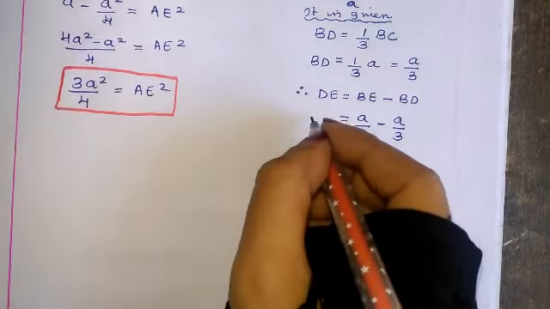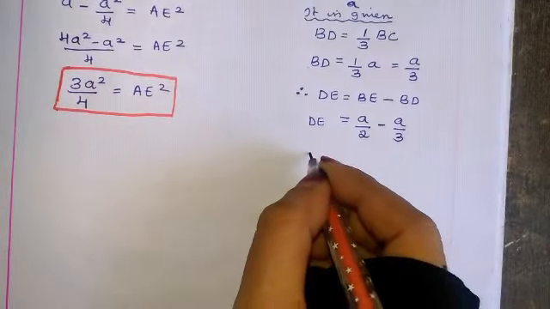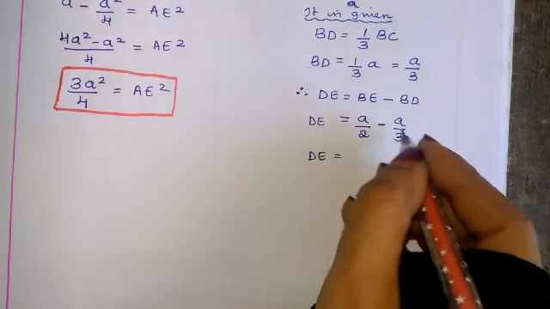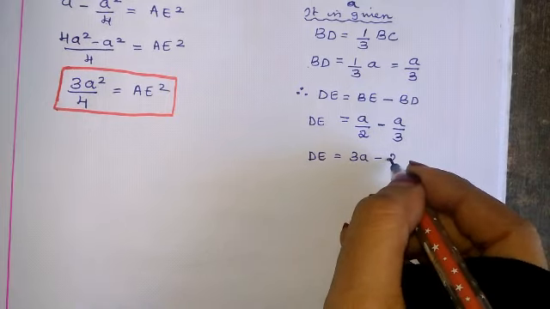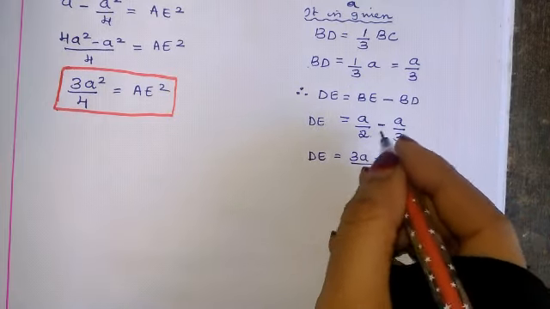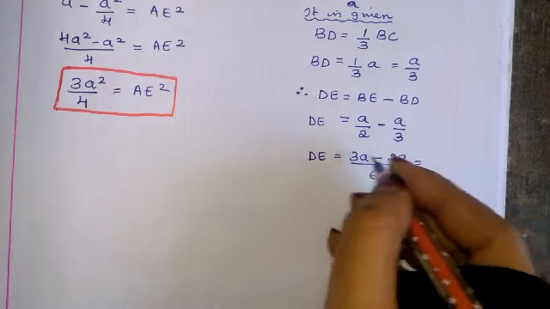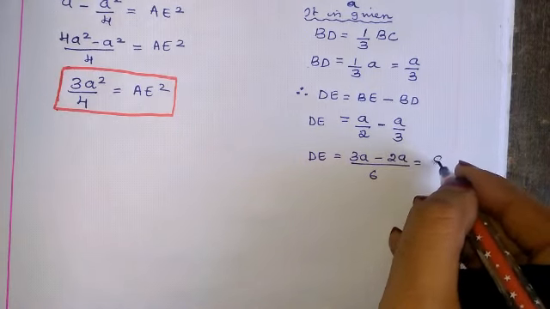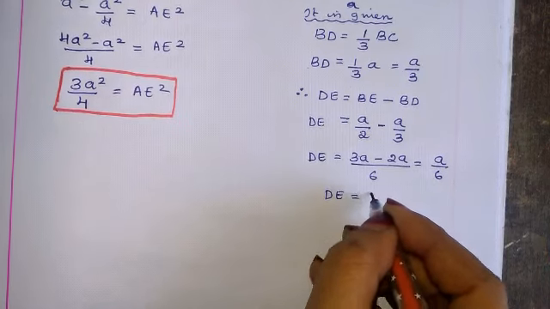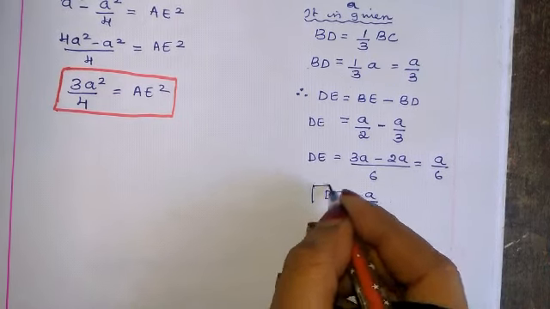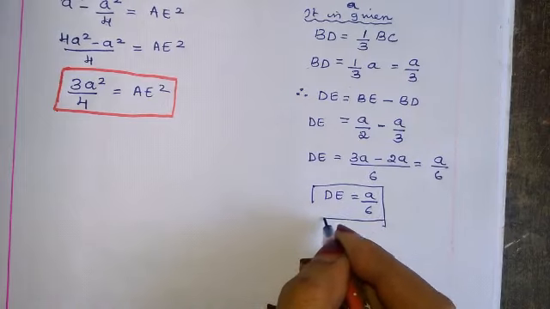Let us cross multiply: 3a minus 2a upon 6, which is only a by 6. DE value we got is a by 6.